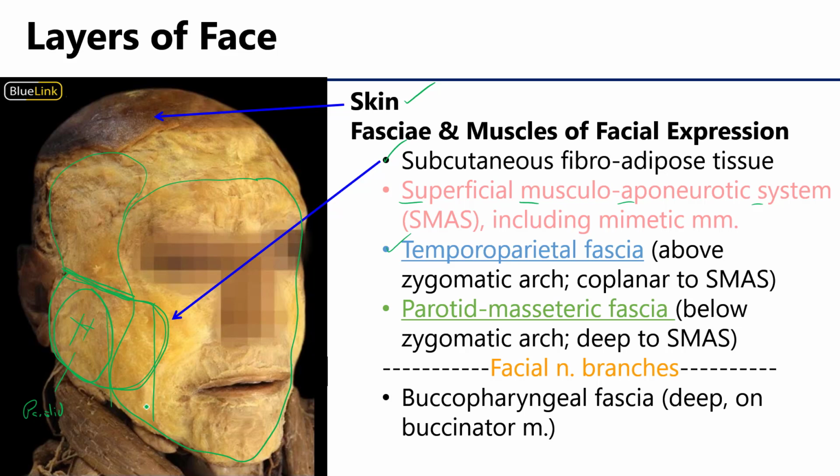Now, coming out of the stylomastoid foramen is going to be the facial nerve. And that facial nerve is going to divide up into divisions and then into various branches. And those divisions and branches are going to move through the substance of the parotid gland.